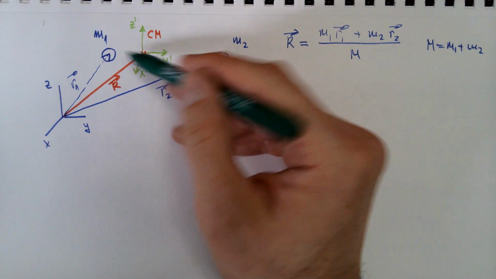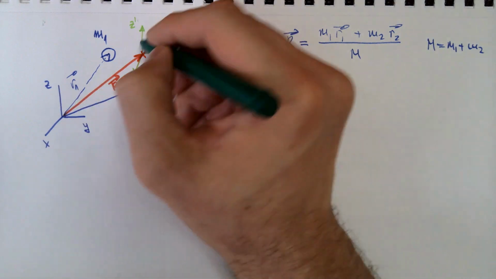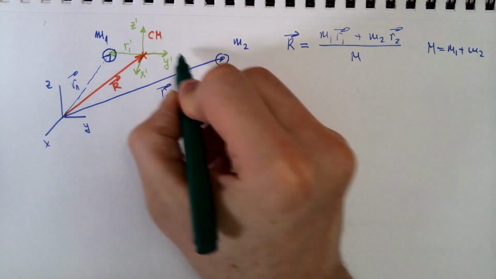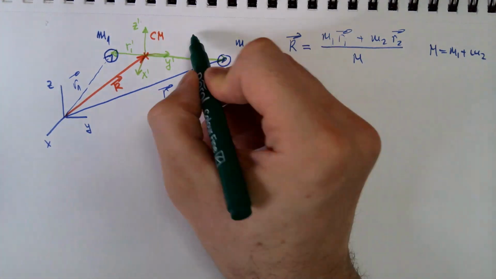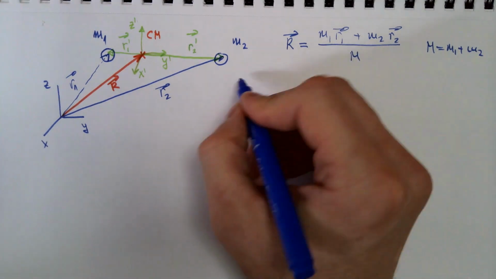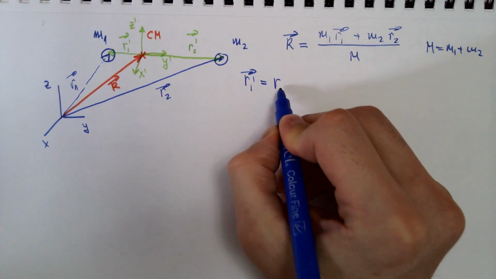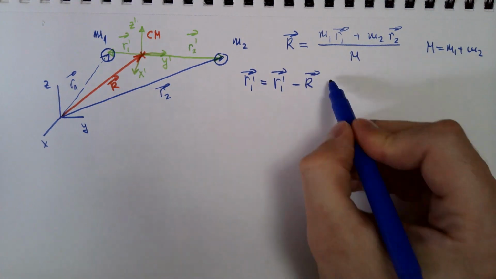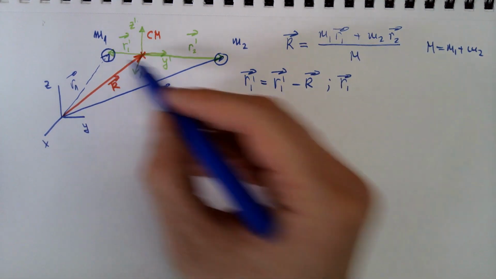And in this coordinate system, these two particles have different radii compared to the xyz coordinate system. Namely, of course, this is r1 prime, and this is r2 prime. These are vectors also. You will notice from the figure that r1 prime is equal to r1 minus capital R. Or it's easier to notice that r1, this one, is equal to this one plus that one.